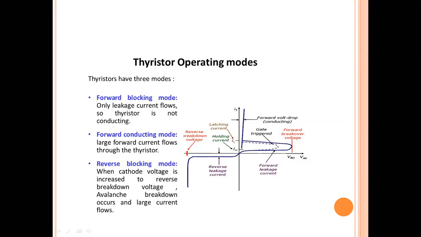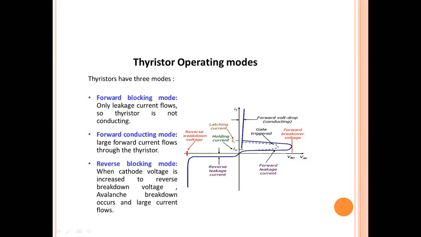At this particular state, the device simply acts as in the off state. As there is no sufficiently large current flowing from the anode to the cathode, the device is considered to be in the forward blocking state.